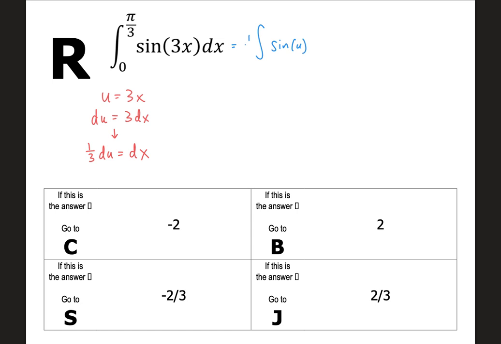So I'll pull out the 1/3 and then just write du. Okay, so now just change the limits. Always plug the limits into whatever u equals. So this will be 9 and 0, and those will be our new limits.